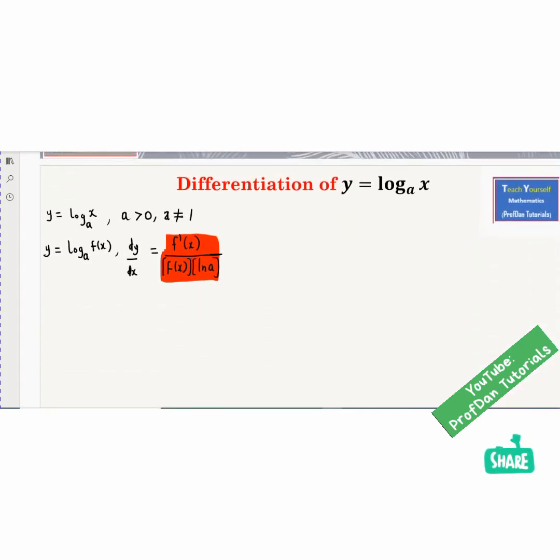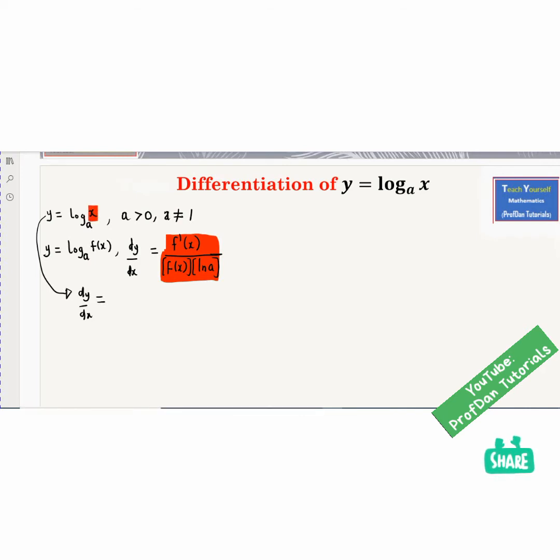So guys, let's look at some typical examples to have a better understanding of how to do this. In general, what it means is that dy/dx for this is going to be equal to, following this procedure, f prime of x. If I differentiate x, what do I get?